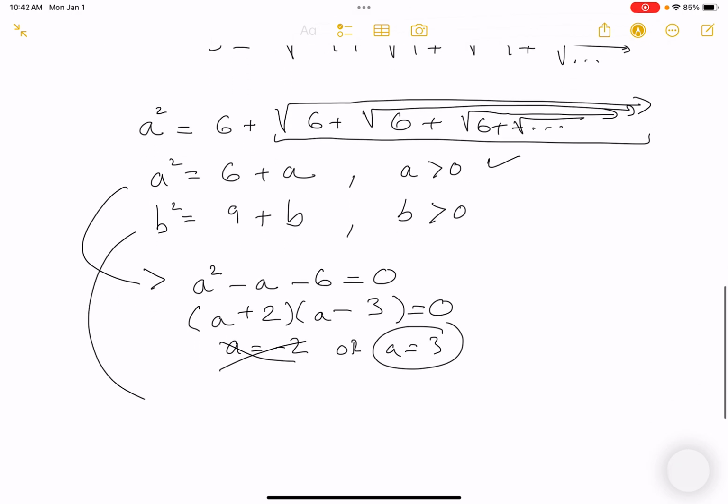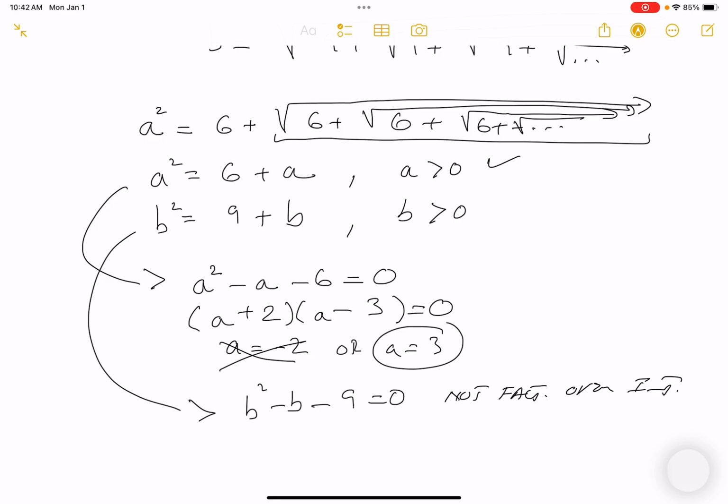Now, my other question is, I wonder if I could do this too. Let's write this down. So what are you going to get over here? You're going to get B squared minus B minus 9 equals 0. And this is not factorable using integers. Not factorable over the integers.